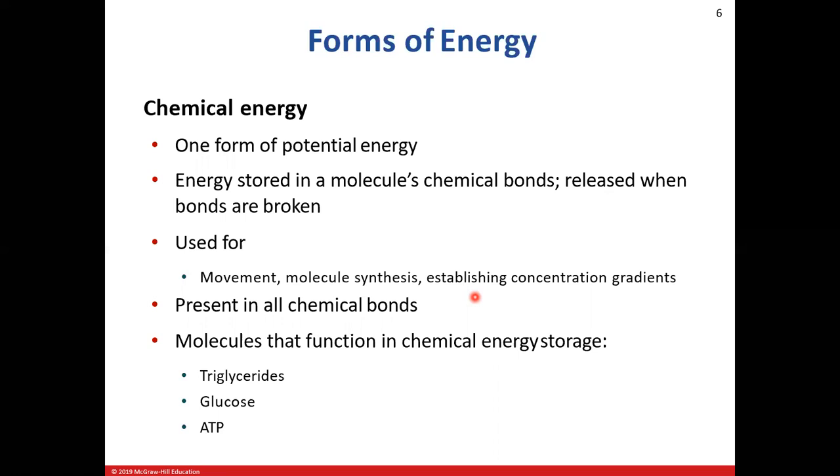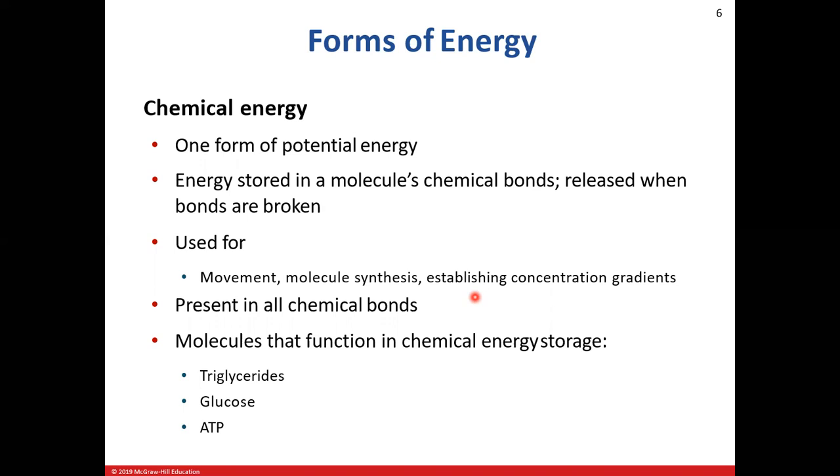And so the energy is stored in a molecule's chemical bonds, but then it's released as those bonds are broken. And again, we can use that energy for numerous different things and numerous different functions. Movement, molecule synthesis, and establishing the concentration gradient are all examples of what we would use the chemical energy for.